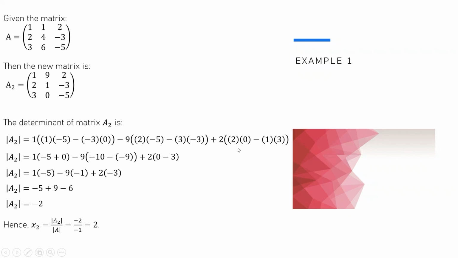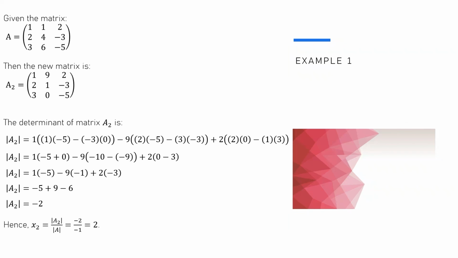As shown with the steps here, we get the determinant of A2 as negative 2. So the answer for x2 is the determinant of A2 divided by the determinant of A, which is negative 2 divided by negative 1, which is 2. With this, we have found our first variable x1 and second variable x2.